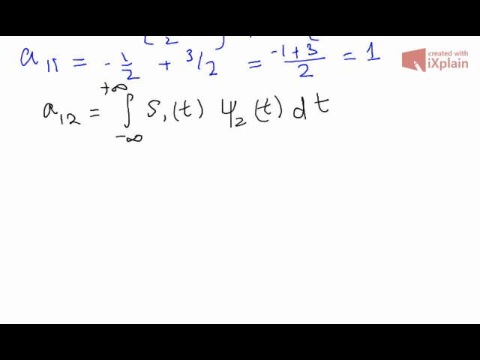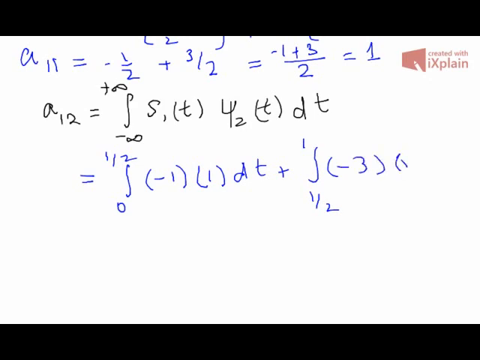So again we will split it from 0 to half, and we have S1. If you observe here, S1 is minus 1 and psi 2 is 1. Similarly, from half to 1, your S1 is minus 3 and the psi 2 of t is 1.